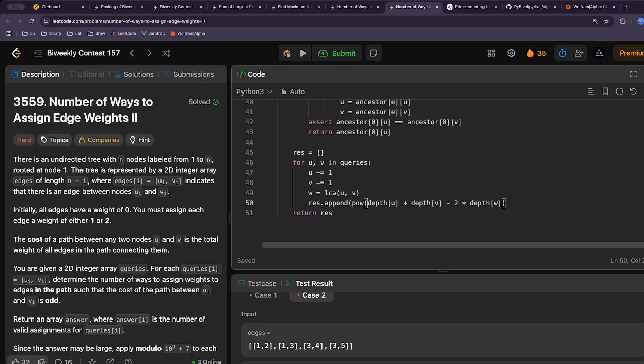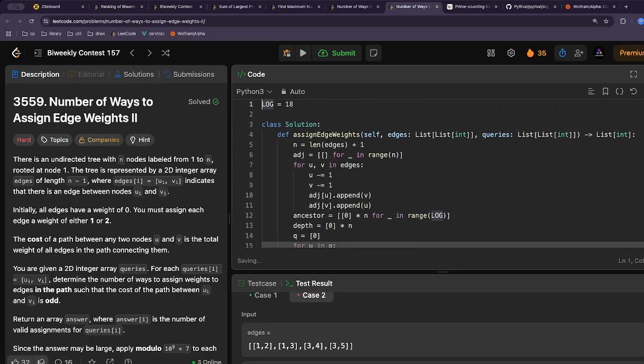So we want the power, how was this? 2 to this minus 1, right? So this is the distance, and so now we want 2 to the distance minus 1, right?